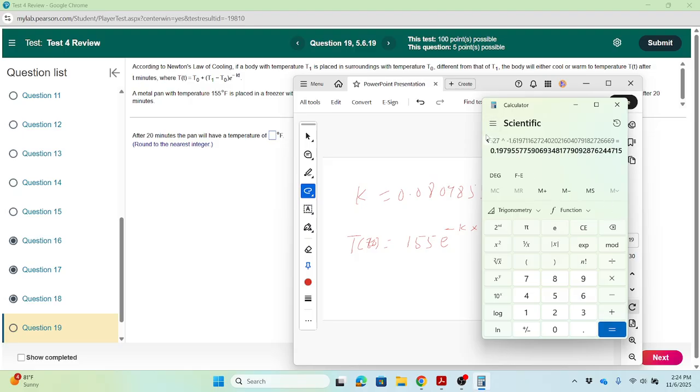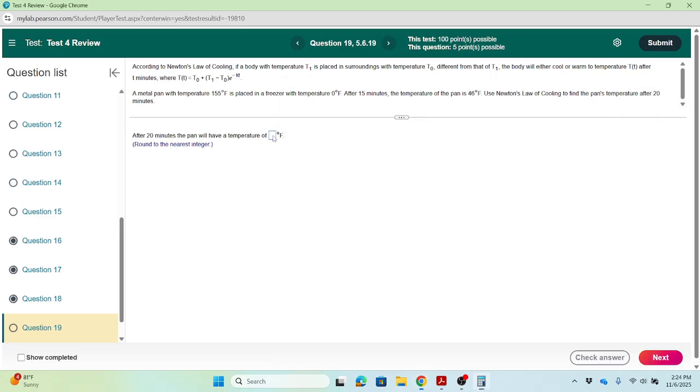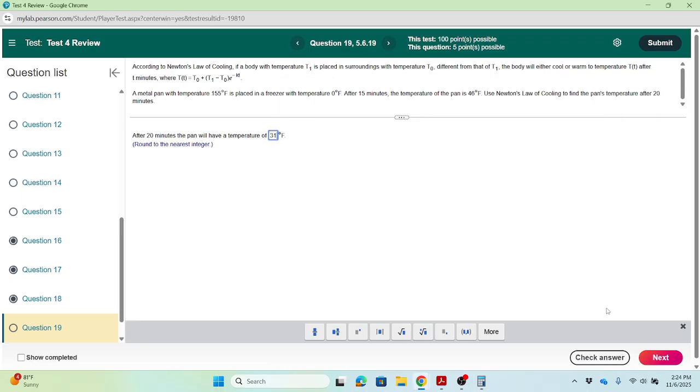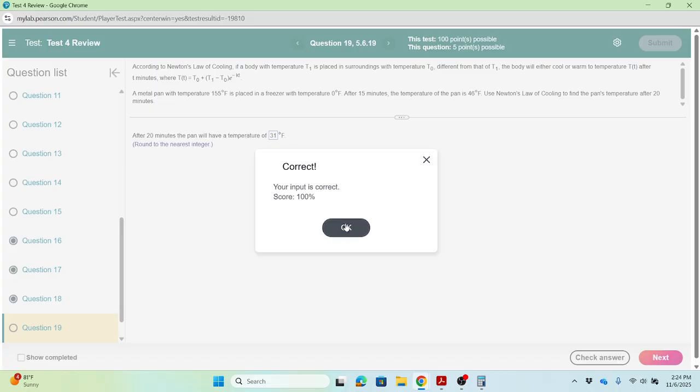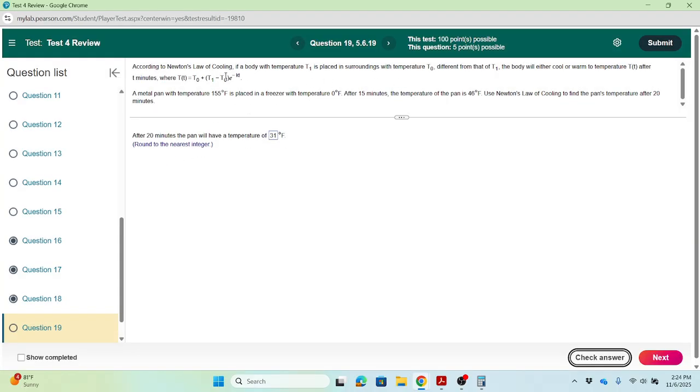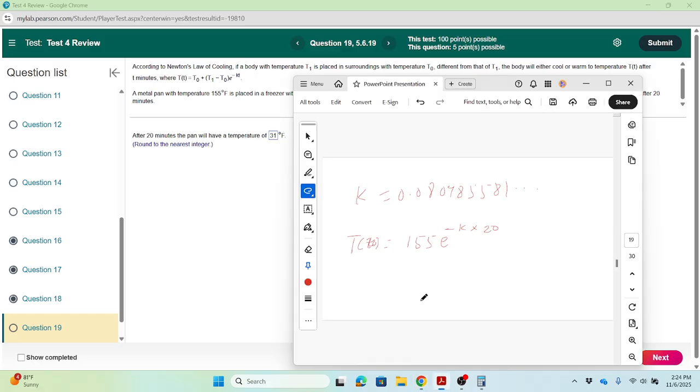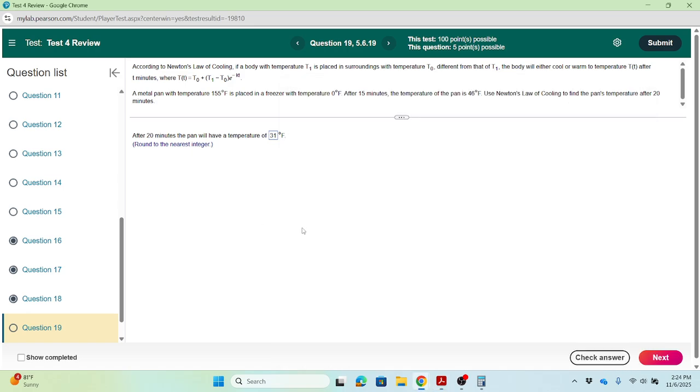That is 0.19, and you multiply that by 155, because that is T1, and that is 30.68 degrees. To the nearest integer, it's 31 degrees Fahrenheit. So to answer this question, first you need to find k from the given information, and then you put that k again in the function to calculate the value after 20 minutes.